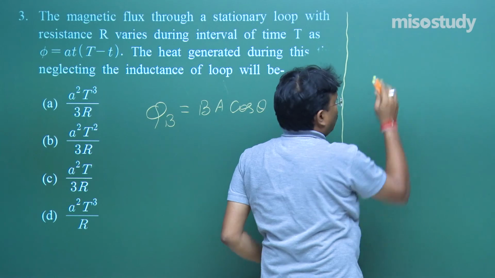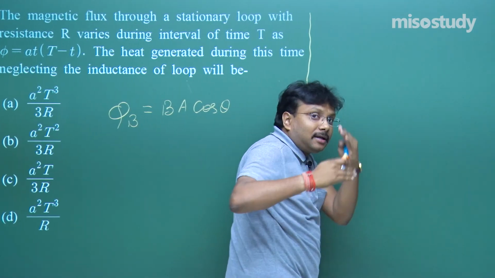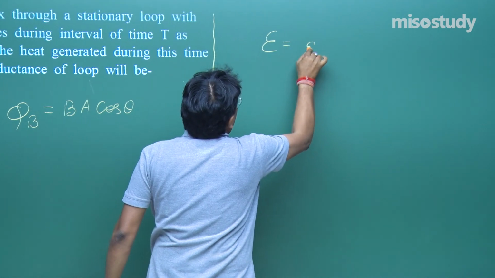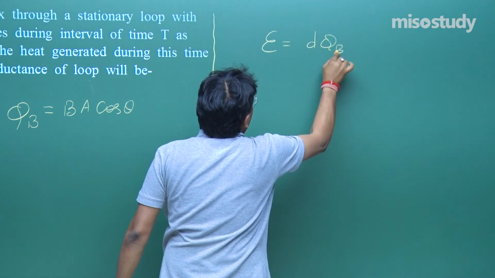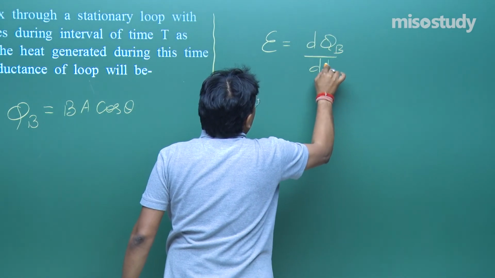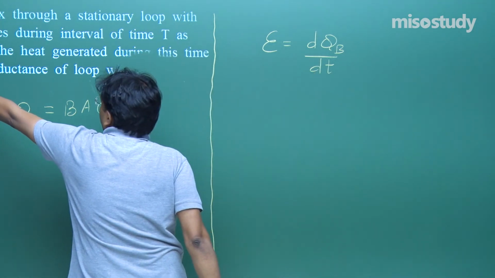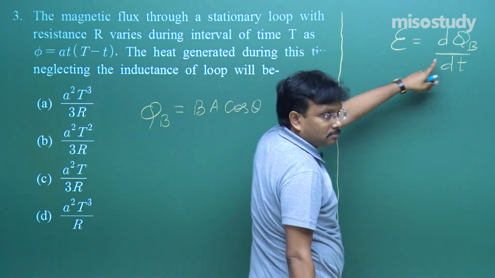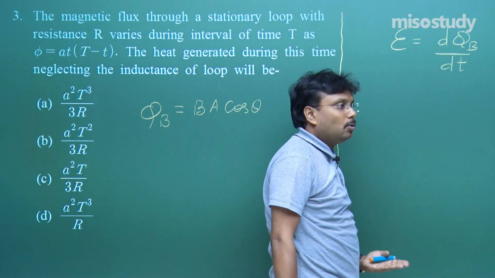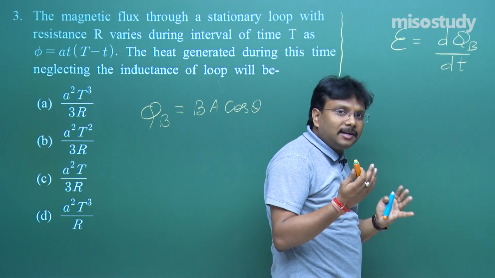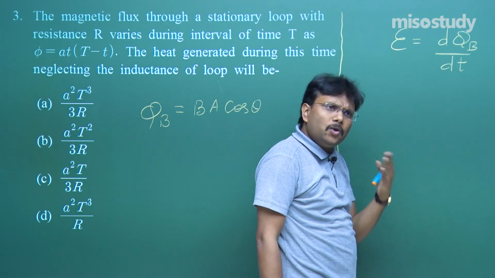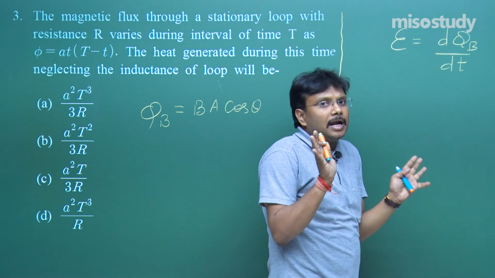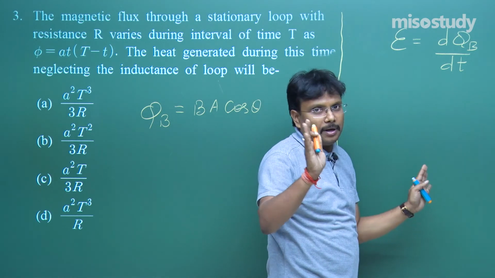Now, once again the same formula, but in a different manner, that is EMF equal to d phi B by dt. What you have to do is differentiate phi with respect to time t once, which you can easily do. Although you are preparing for a medical entrance exam, I can understand that small steps in integration and differentiation are very simple, you can do that.